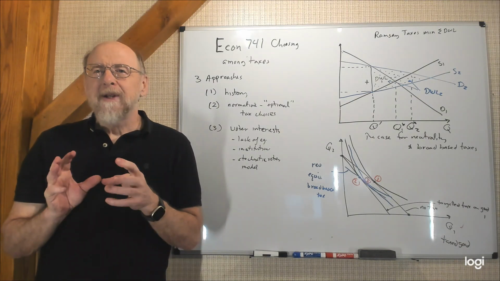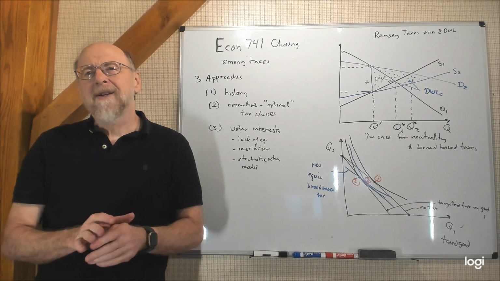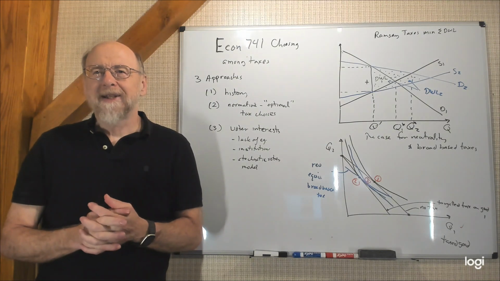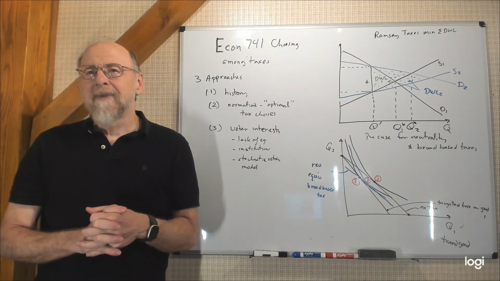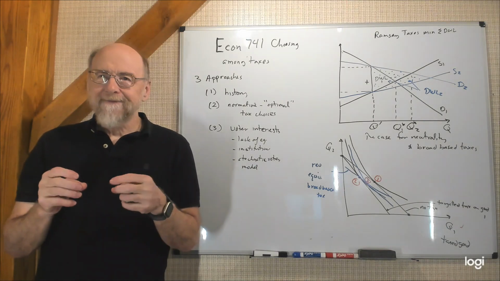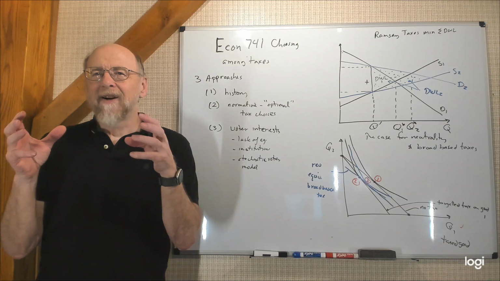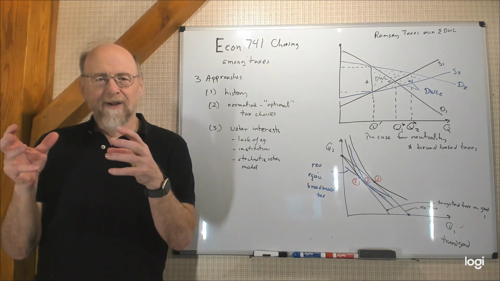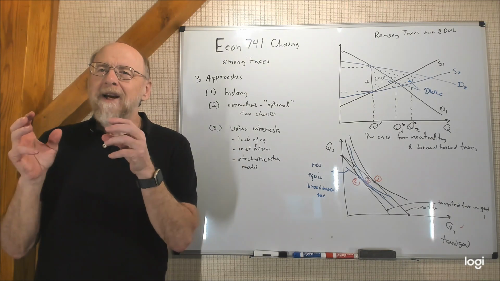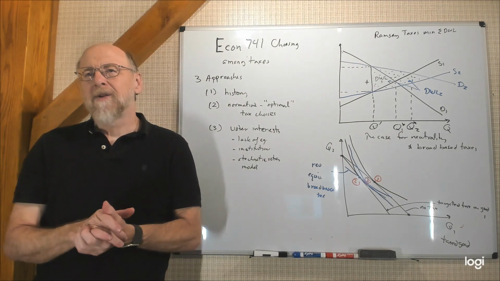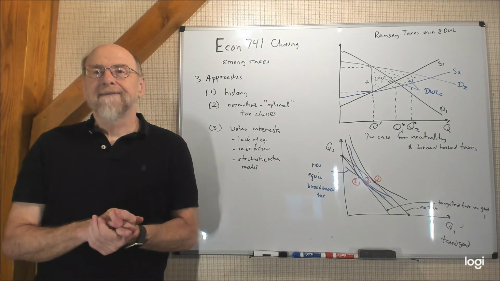So we've already been using tools like this when we talked about excess burden, when we were looking at taxes in single markets. And the idea of the normative tax theory is you want to take those excess burden ideas, and apply them to systems of taxes that might include effects on more than one market.